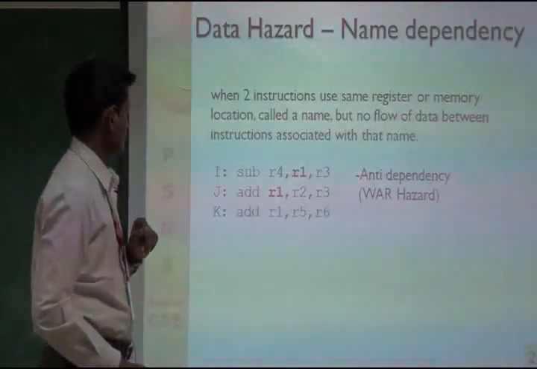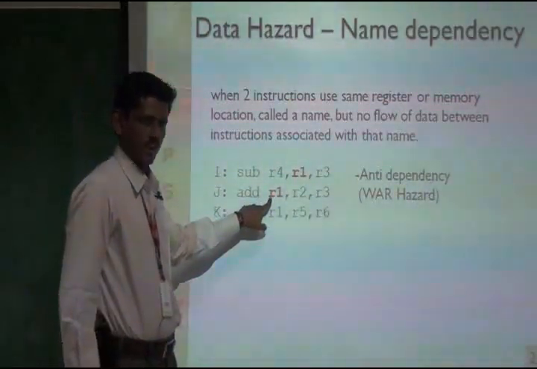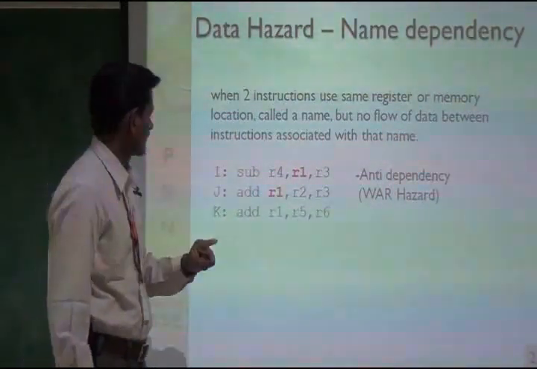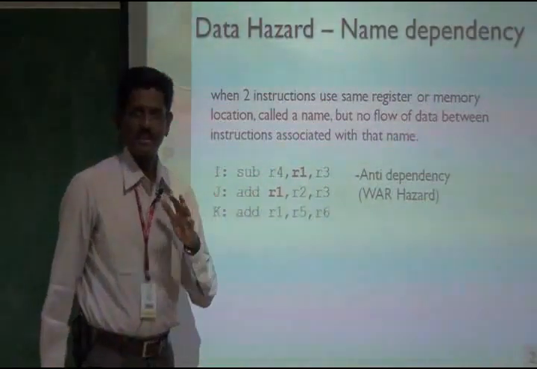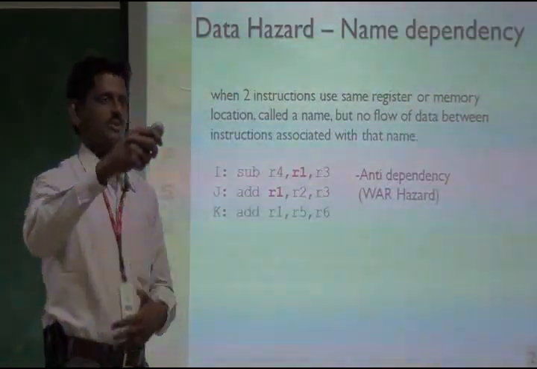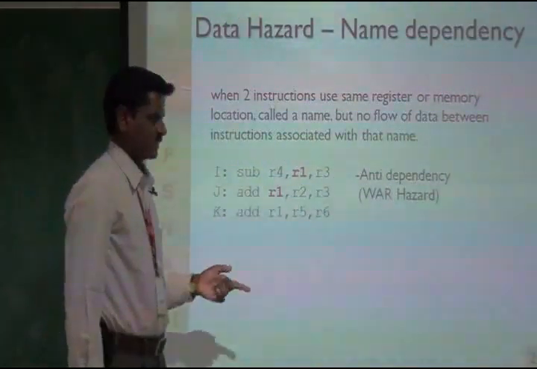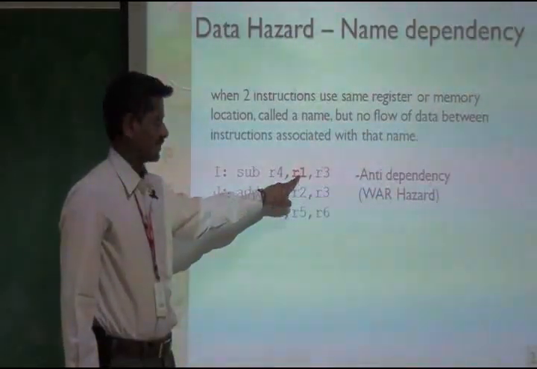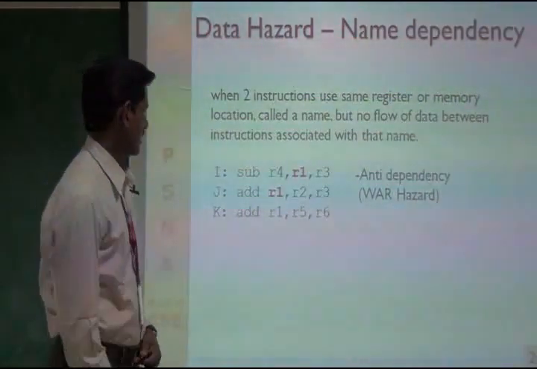But the instruction J tries to write something to R1. This happens only after the read of R1 by instruction I. We know what scheduling is, we can change the order of execution, but here it is not possible to change the order. First instruction I reads register 1, then only instruction J may write, otherwise it violates the result.